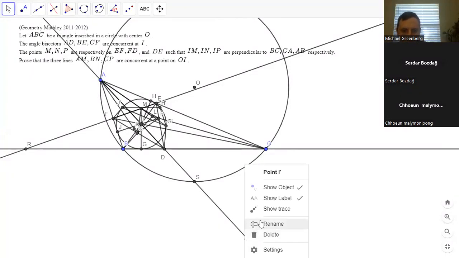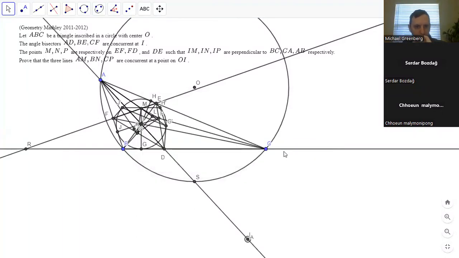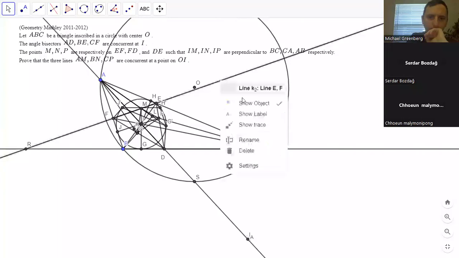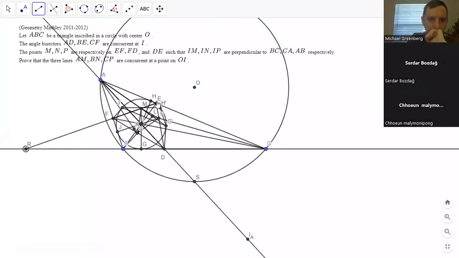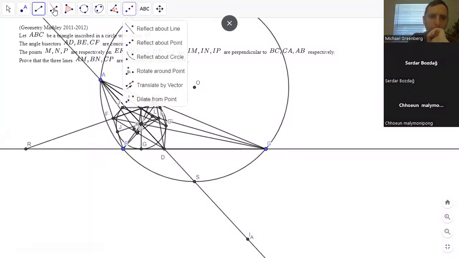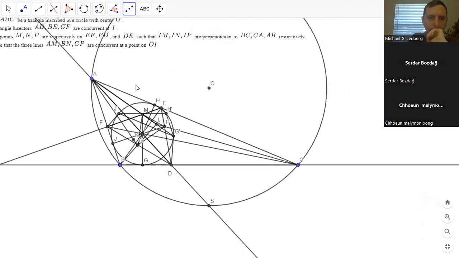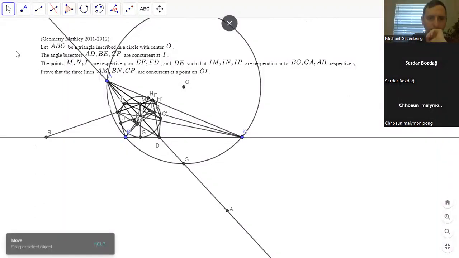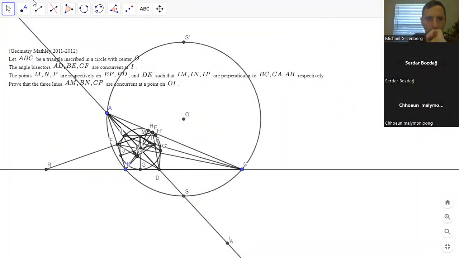So I call it IA or something. Can you also draw the reflection of S across O? Across O. Yeah. The top point of the circle. Those we know are collinear.